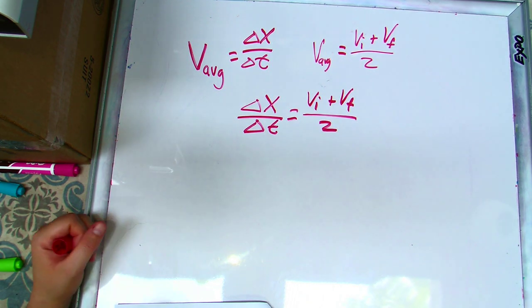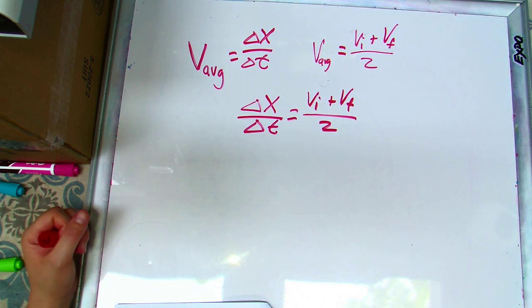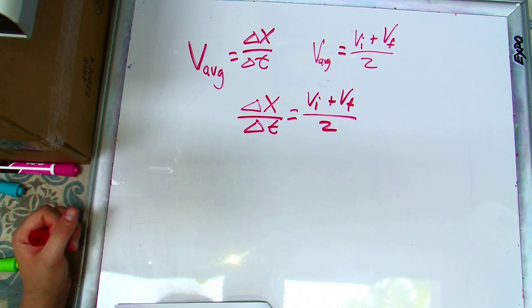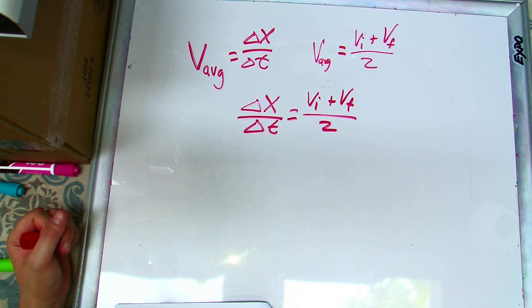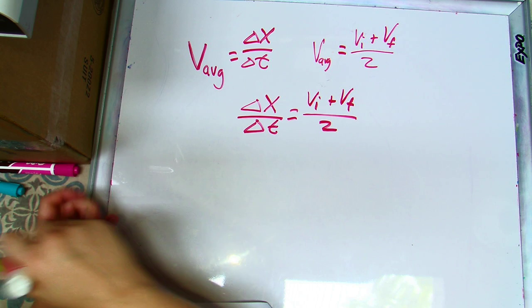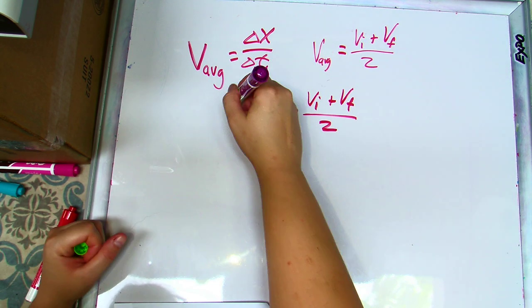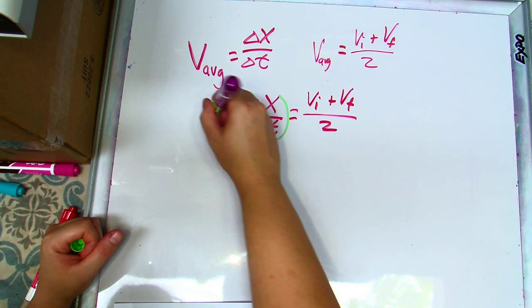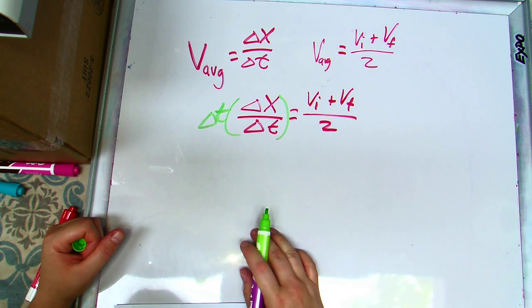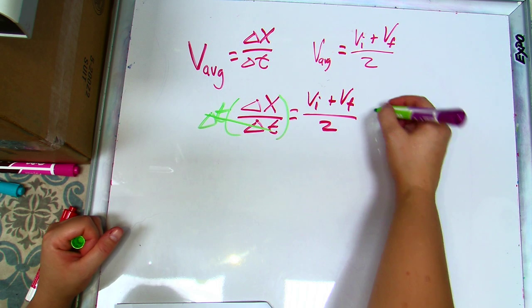All right, so what I'm going to do now is rearrange this, because I want to get delta x by itself, which means I'm going to have to move delta t. So we're going to multiply both sides by it so it cancels out there.